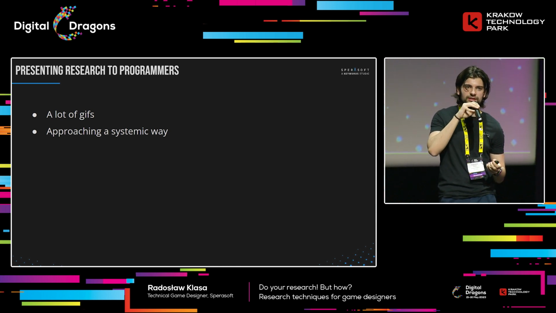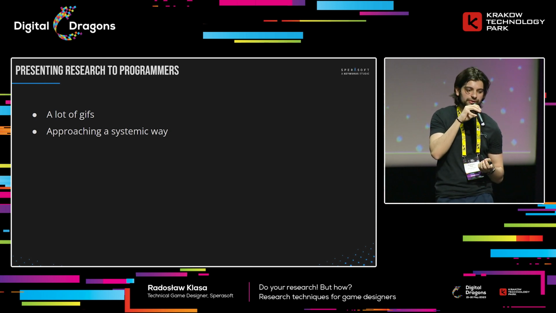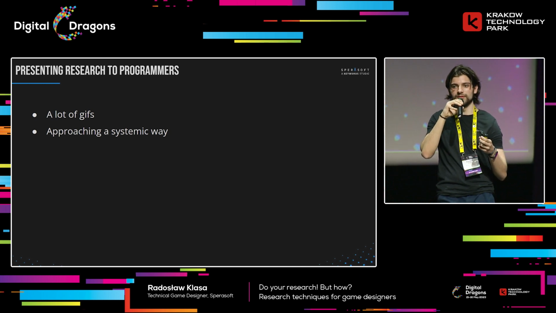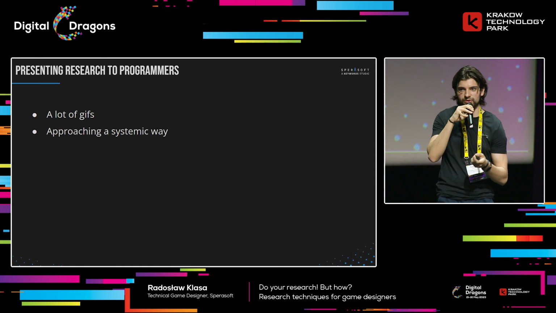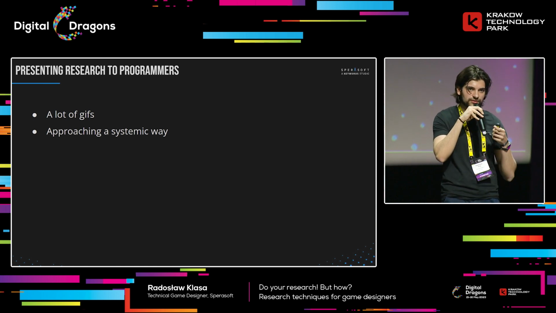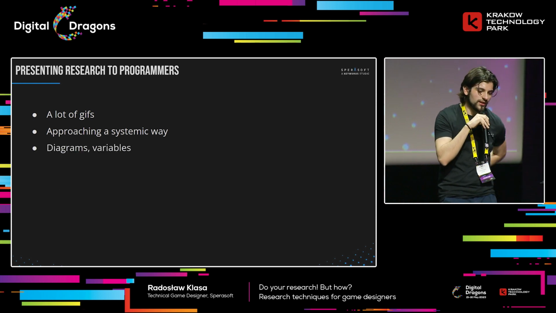technical knowledge: how the game goes, how it works underneath, and try to do it that way. So see how it works in the programmer's way and try to sell it to the programmer in his own language.